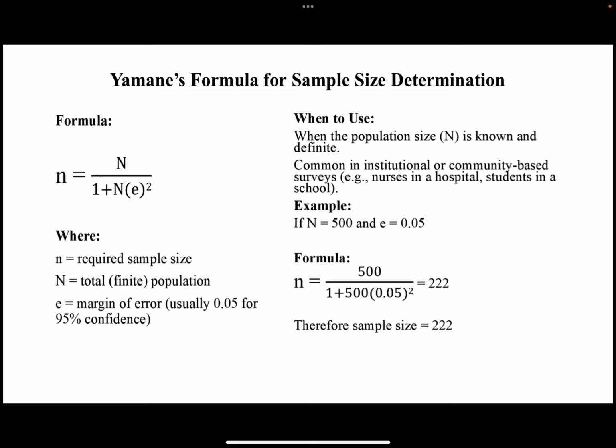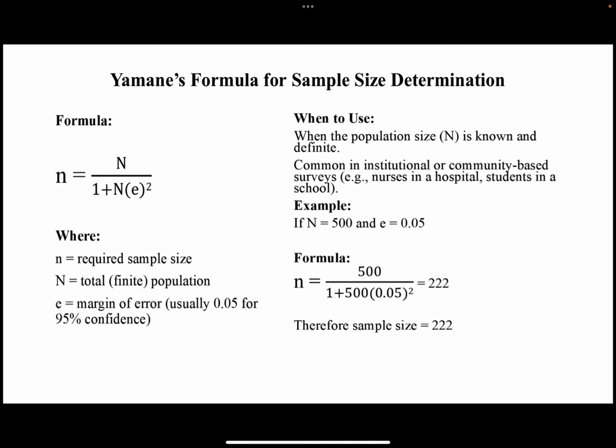For an example, let's say you are going to do a study. You found out that capital N, the population size, is 500. All the time, use an error margin of 0.05 in research. So e all the time is 0.05.